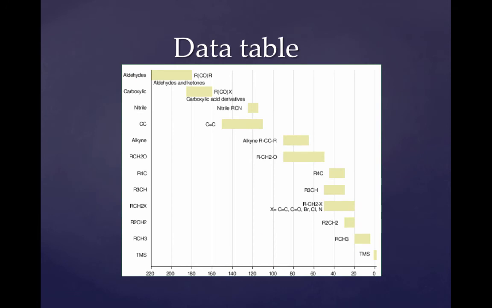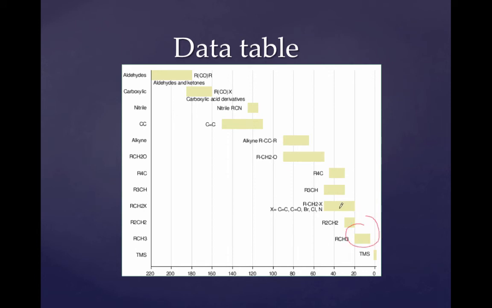Just like infrared spectroscopy, you'll get a data table in the internal to use. Along the bottom, you can see the parts per million value. Note the chemical shift here below 20 parts per million relates to the CH3 environment in the compound.